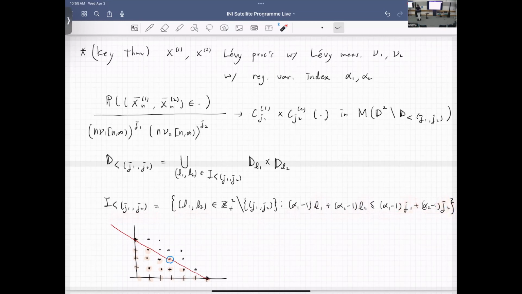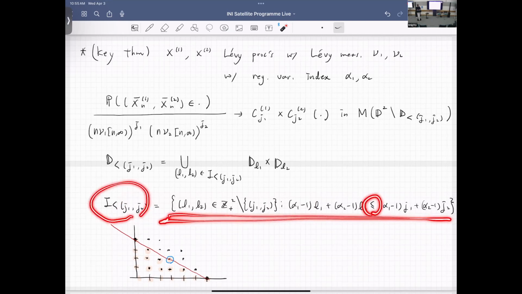So if you think of this as the cost of a jump in the first process and the cost of a jump in the second process, then this is how much you have to pay if you make L1 jump in the first coordinate and L2 jump in the second coordinate. And this is the same cost associated with J1 and J2 jumps. So these are indices that have less than or equal cost compared to J1 and J2.